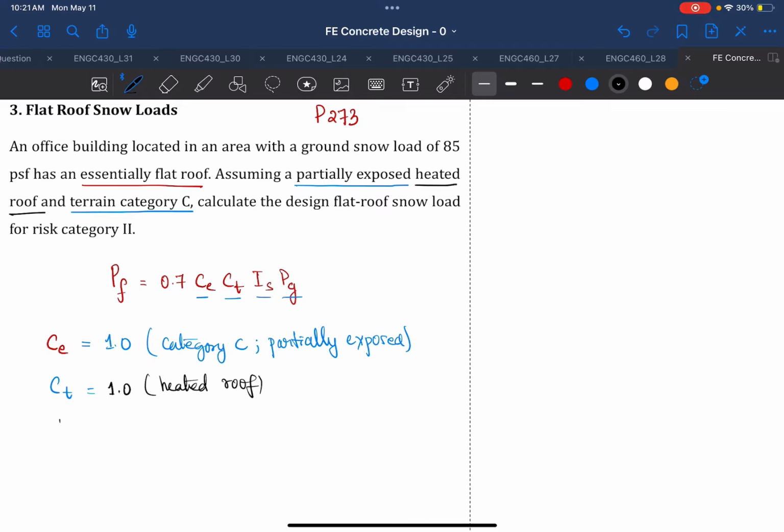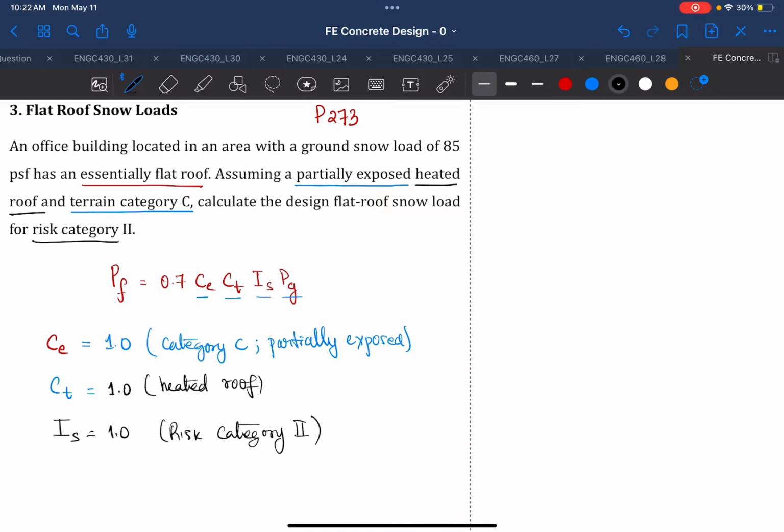And then your IS, which is your importance factor, belongs to a risk category, how much of the risk the area is designed for. In this case, it's given that your structure is located on risk category 2, and in risk category 2, your snow importance factor IS is equal to 1.0.